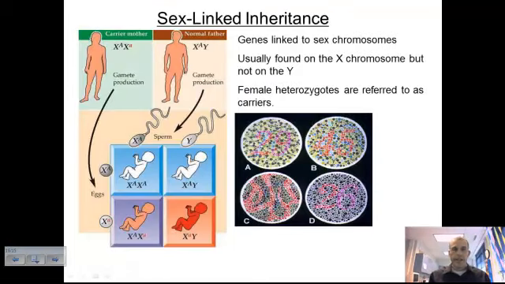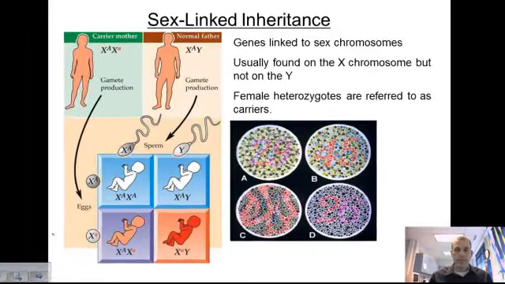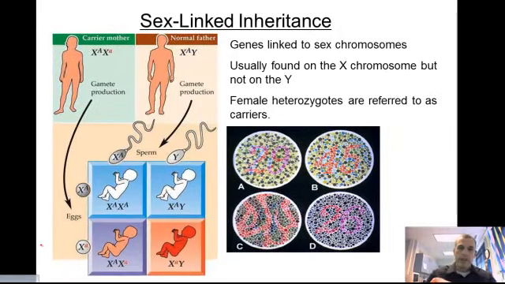But looking at the sex traits and how that all works out, you can see here that genes linked to the sex chromosome is what we call sex-linked inheritance. And what we're talking about is up here you can see that you have the A linked off the X, you have a dominant A and the recessive a, and the recessive would be whatever disorder or trait we're looking at, okay?